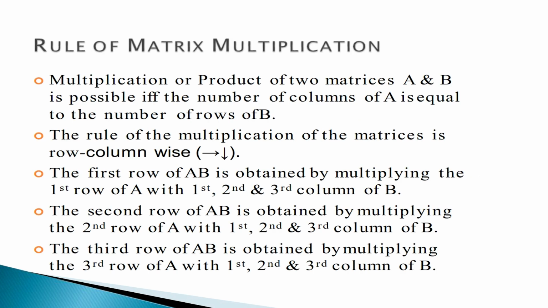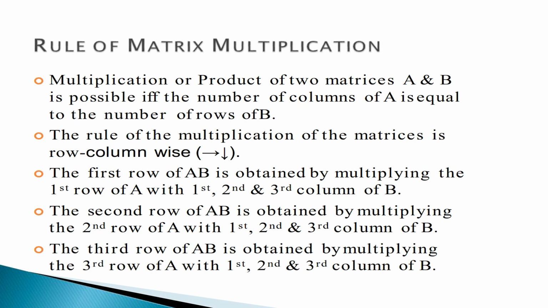Next is the rules of matrix multiplication. The matrix multiplication is possible whenever, I have already told, the column of the first matrix is equal to the row of the second matrix. The matrix multiplication is row-column wise.